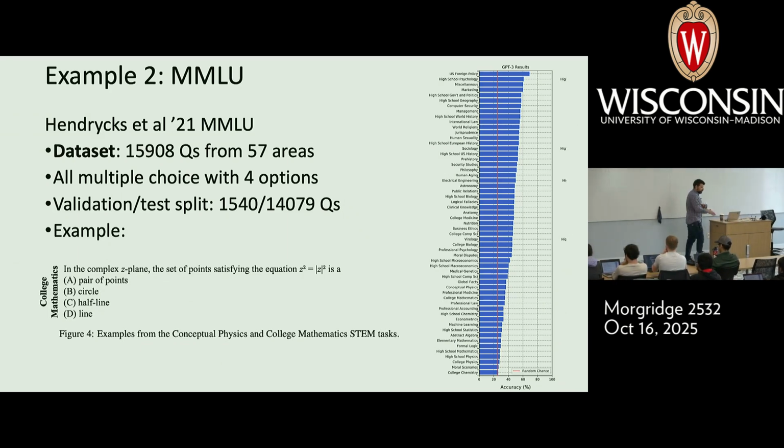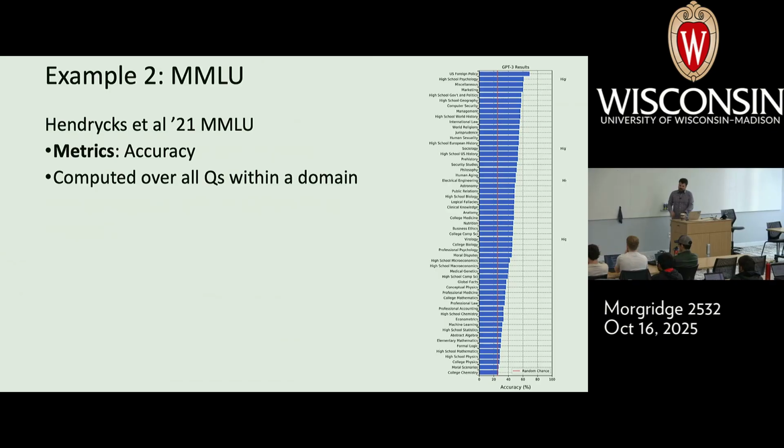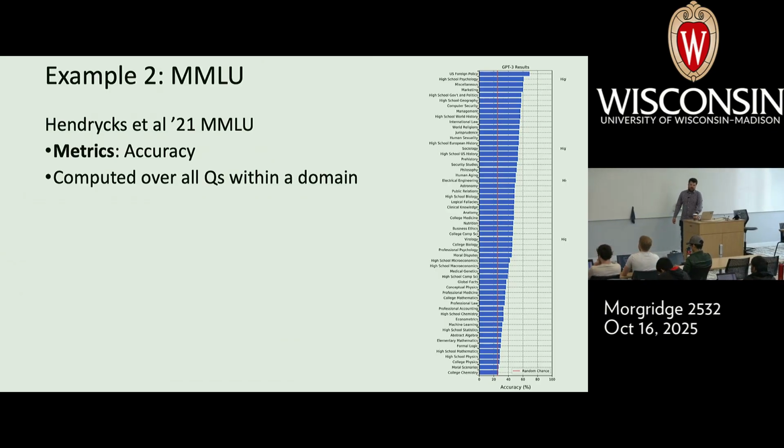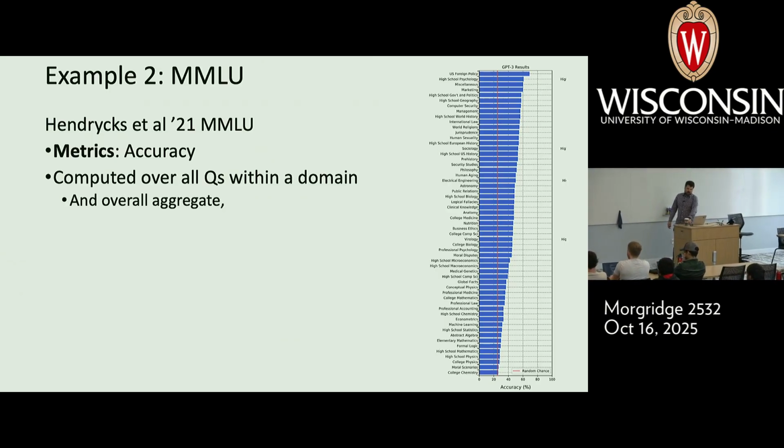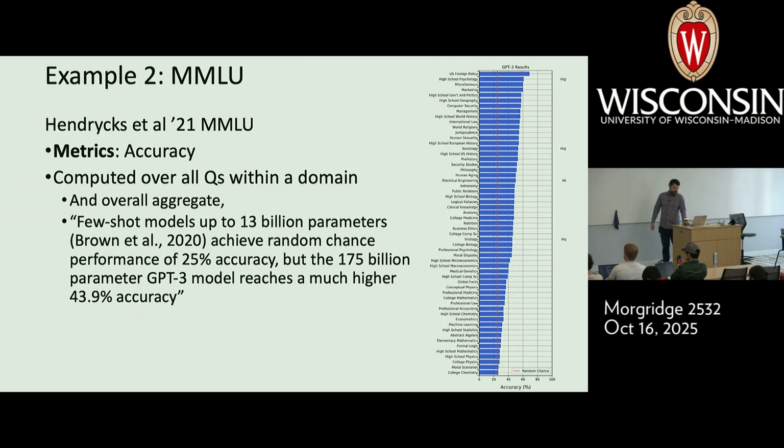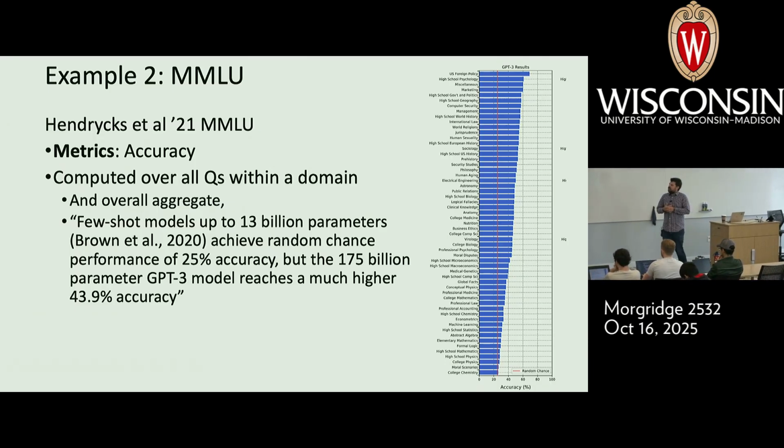Cool, so let's see some other challenges which are very interesting about it. Since we're doing multiple choice, we want to do accuracy, right? And we can compute accuracy over all the questions within one of these 50-some domains, and then we can put them together. The early results look like this.